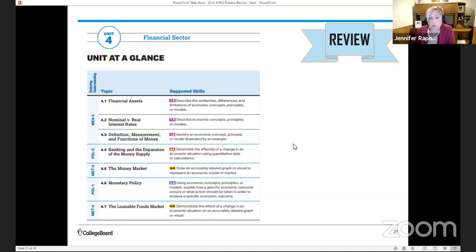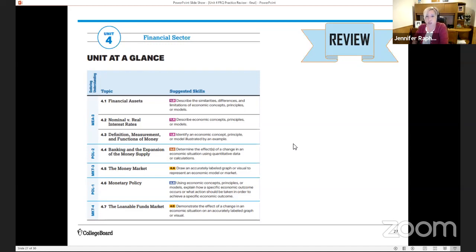So the first tool in understanding monetary policy is the money market, understanding that the money supply is a function of the monetary base, which is controlled by the Fed. Know those 3 tools of monetary policy: changing the reserve requirement ratio, changing the discount rate, and conducting open market operations, understand how each of those affects the amount of reserves in the banking system, which influences the money supply.